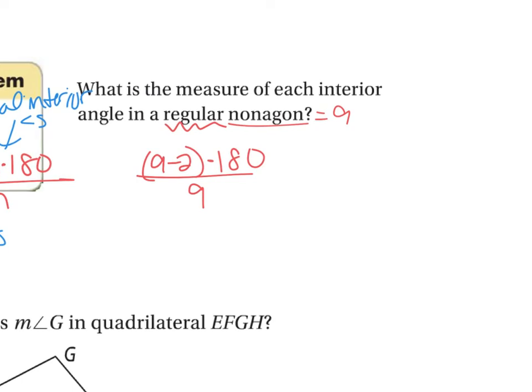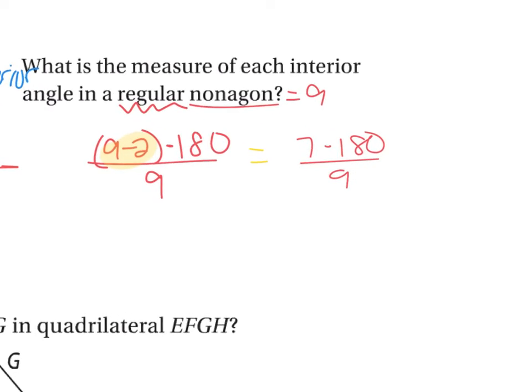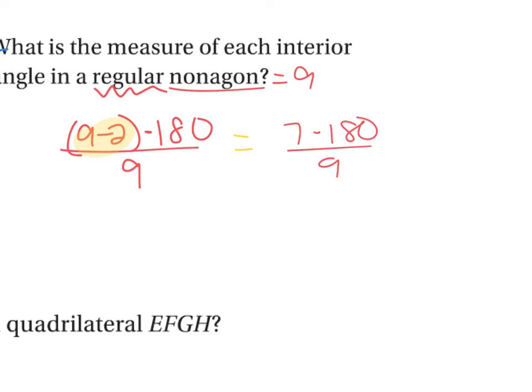All right, we have to do what's in the parentheses first, always and forever. So do this part. That gives you 7 times 180 over 9. And now the next step is to solve the top before you divide by 9. So 7 times 180 is 1,260, divided by 9.